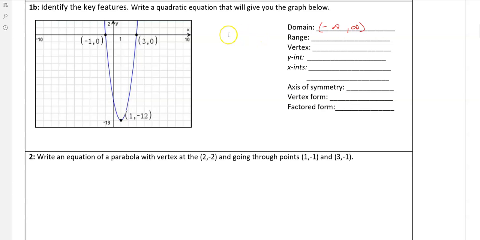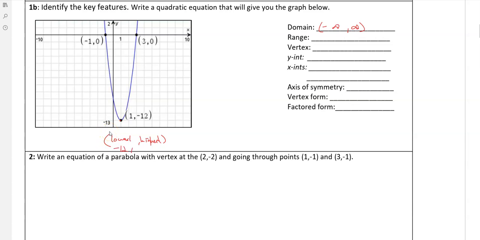The range, if you remember, would be the lowest comma highest. And what's the lowest point that this hits? The lowest it hits, and we're talking about up and down, is negative 12.